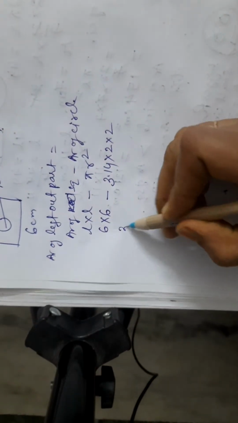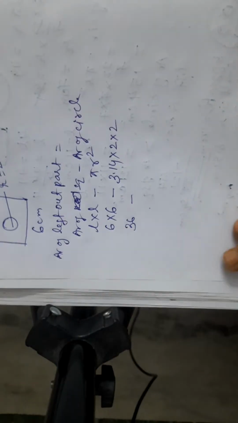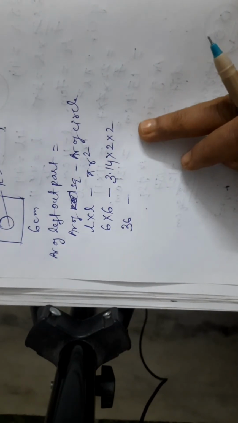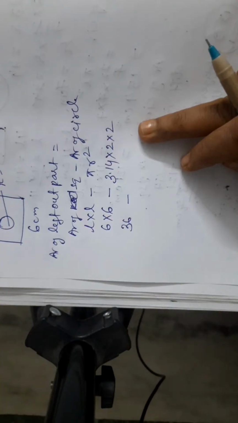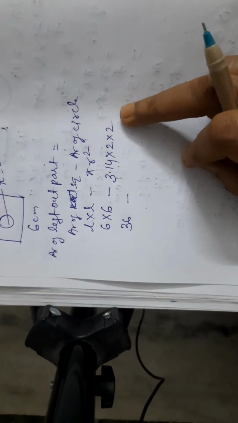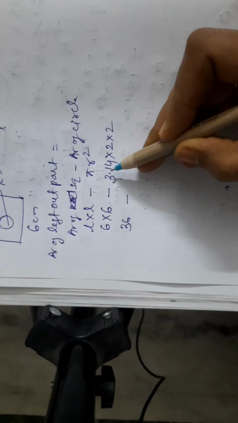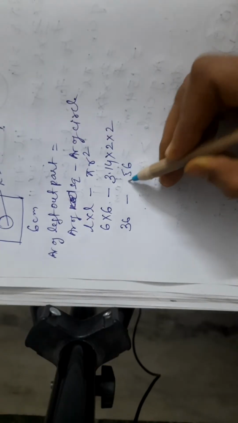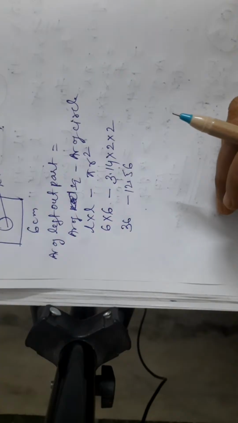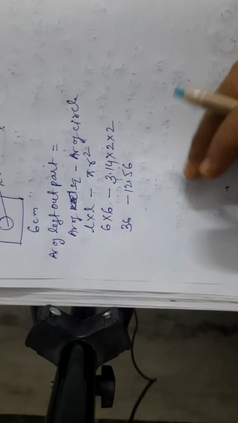6 6s are 36. Sarat, will you say the answer? If we calculate it, what will be the answer? Now 2 2s are 4. So 4 4s are 16. 4 is 4 plus 1, 5. 4 3s are 12. Say the answer.